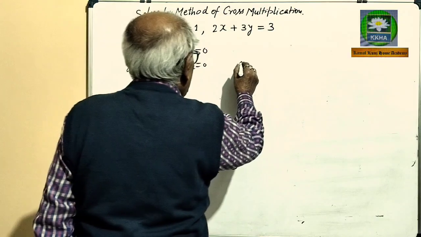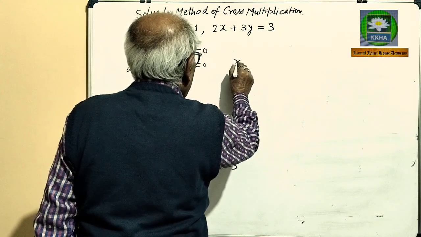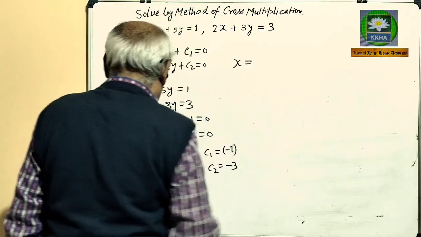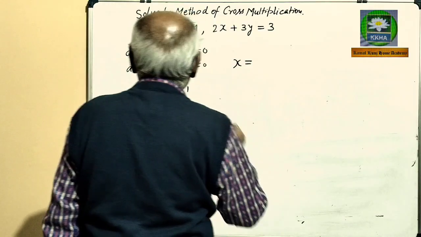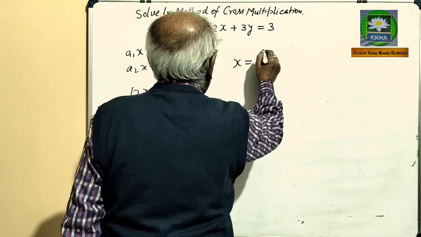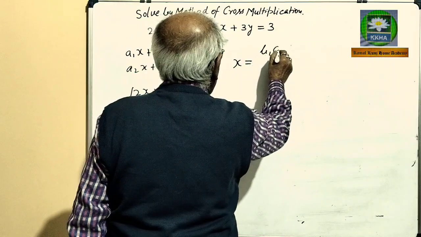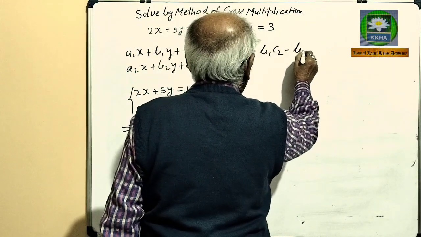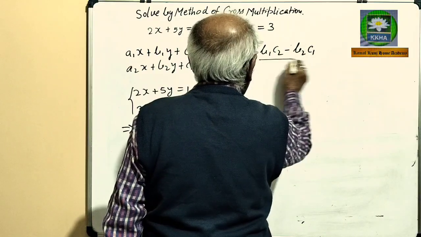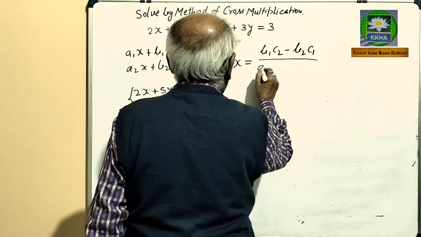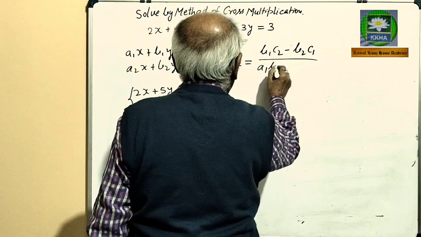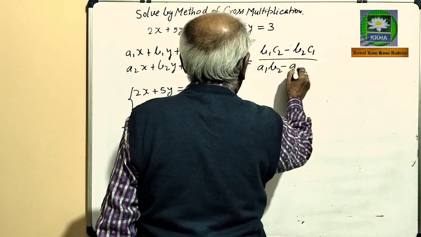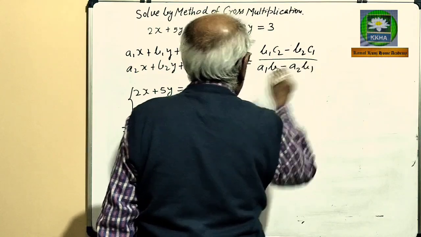So x is equal to, we know that x is equal to b1 c2 minus b2 c1 upon a1 b2 minus a2 b1.